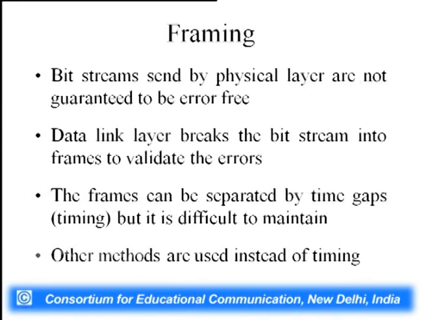As we said, if there is an error in a frame, it has to be retransmitted. If you send an entire bit stream as one frame, then what will happen? Even if there is an error in one bit, the entire frame has to be retransmitted.